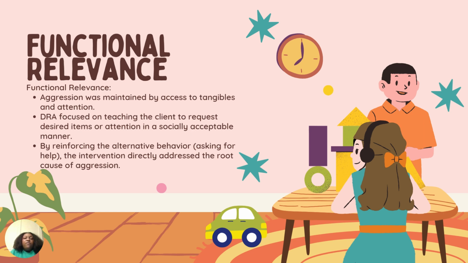The intervention was functionally relevant because it provided her with an appropriate, socially acceptable way to meet those needs, thereby reducing the problem behavior. For instance, when the client was prompted to use PECS or verbal requests, and those requests were reinforced with the item or attention she sought, the aggressive behavior decreased over time. This demonstrates how identifying the function of a behavior can lead to interventions that are both effective and individualized to the client's needs.